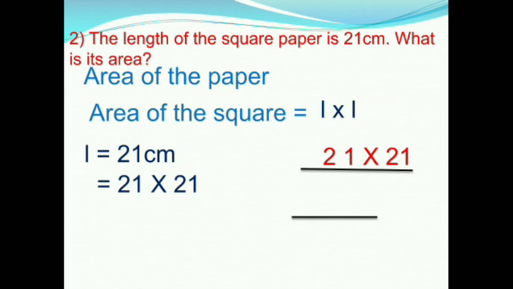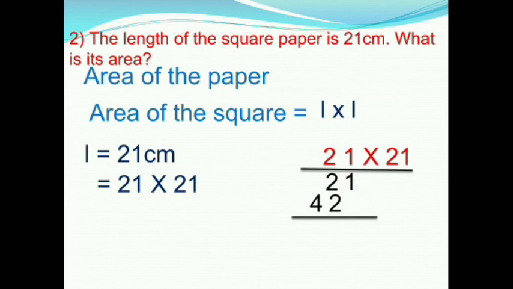First we should multiply 1 by 1. 1 one is 1. 1 two is 2. Next we should multiply 2 and 1. 2 ones are 2. Write 2 below the 2. Next we should multiply 2 and 2. 2 twos are 4. Now we should add these. Here we have only 1.